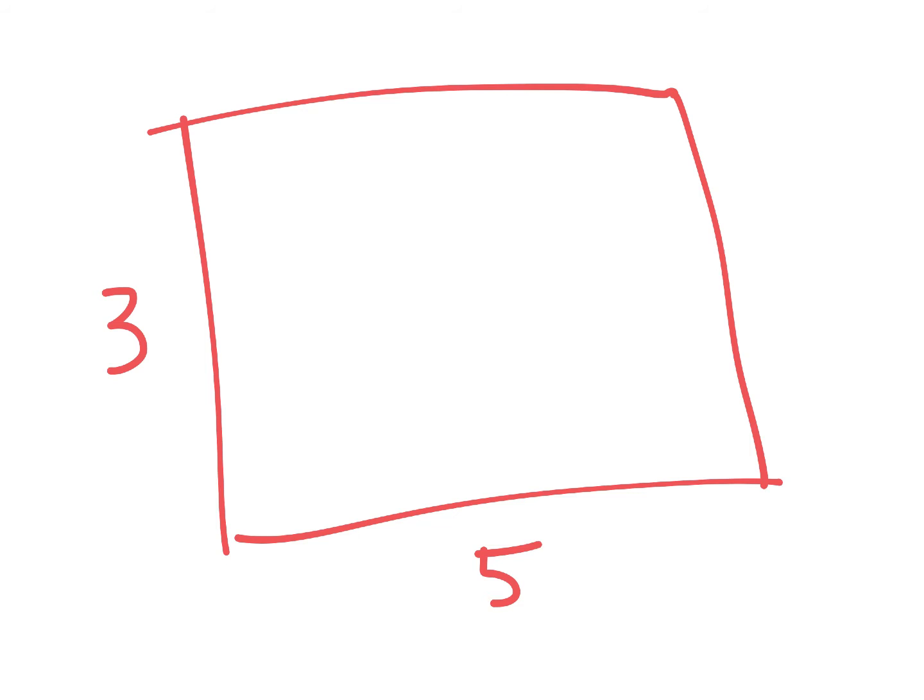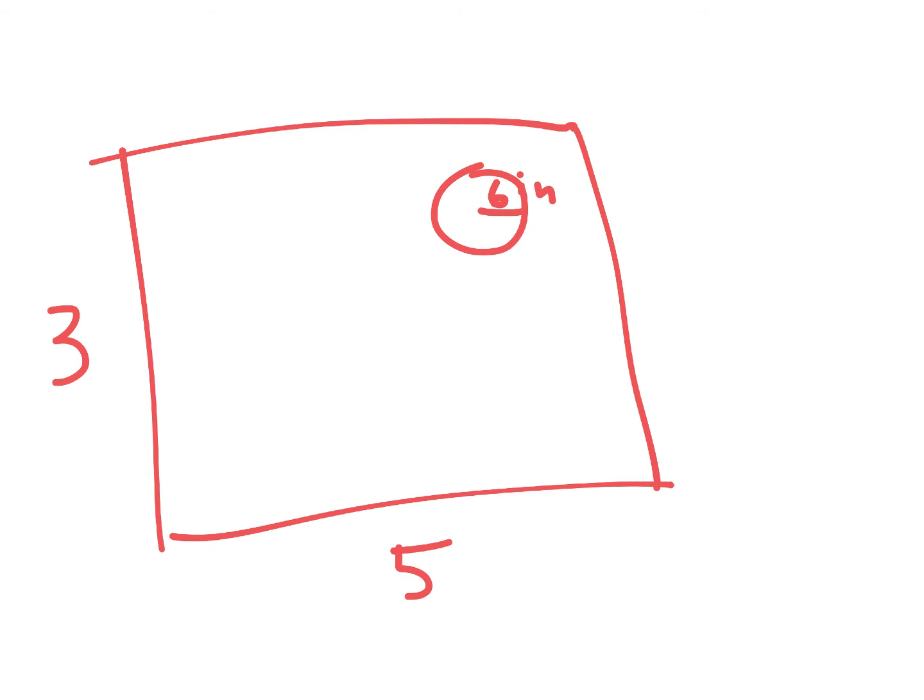I'll pause for a second and give that a shot. So you guys should have used 0.5 for this, not 6 inches, 0.5 feet for the radius. Do you remember the formula for the circle?